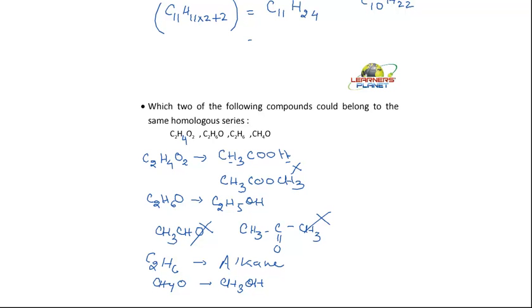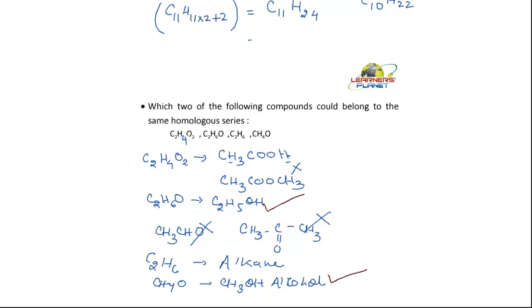This is an alcohol again. So which two compounds belong to the same homologous series? This is ethyl alcohol. That is this and this.